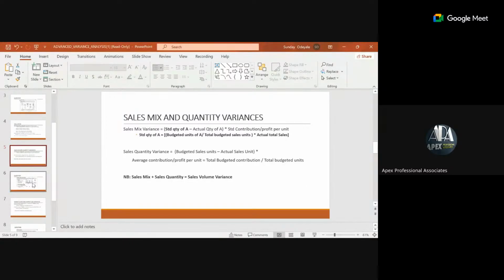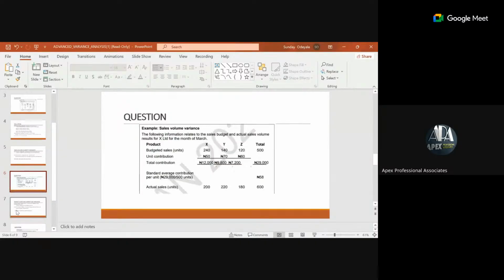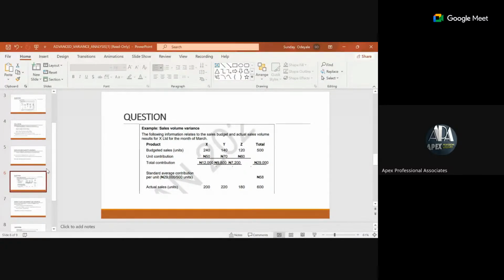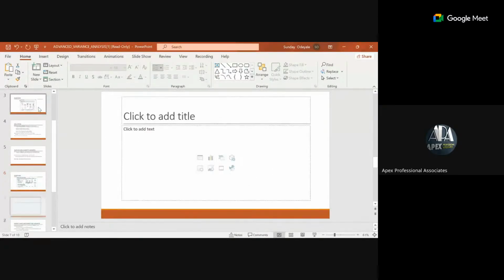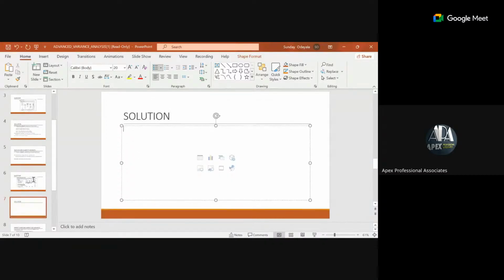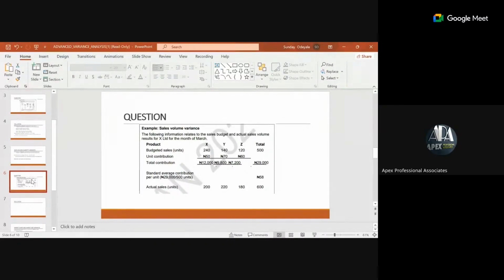So let's just continue to solve a question on the sales mix and the sales quantity before we go to the last one. For the sales mix, the example here says the following information relates to the sales budget and actual sales volume results for X Limited for the month of March.